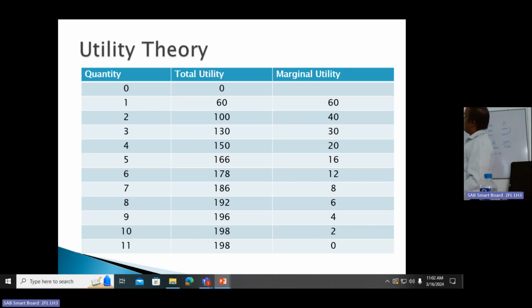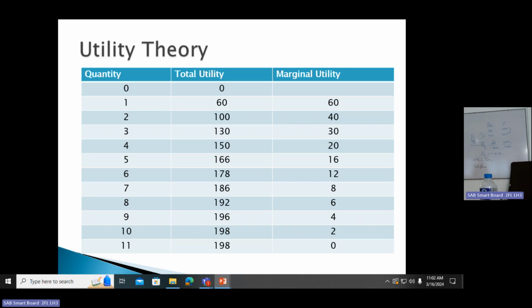Likewise, all the time this difference in quantity is 1. We take the difference in the value and divide by 1, and then you get the marginal utility. 130 means 30 divided by 1, 30. Likewise, you can measure the marginal utility.